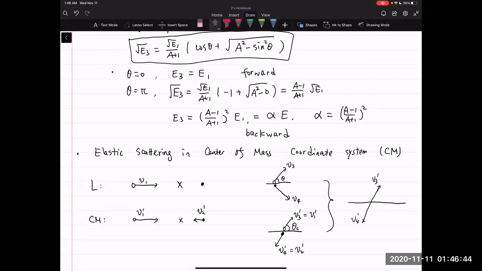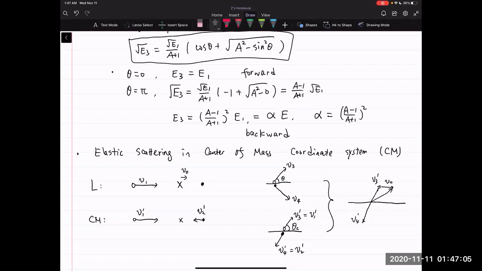If you want to convert this back to the lab coordinate, then we just need to add v naught. So what is v naught? v naught is the center of mass speed in the lab coordinate system. So add v naught.